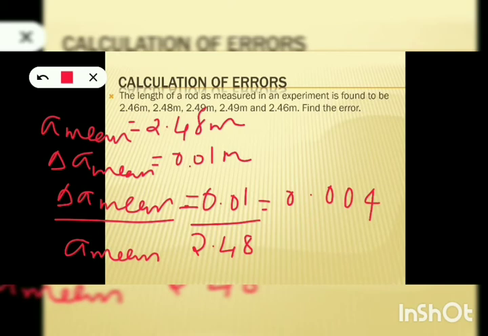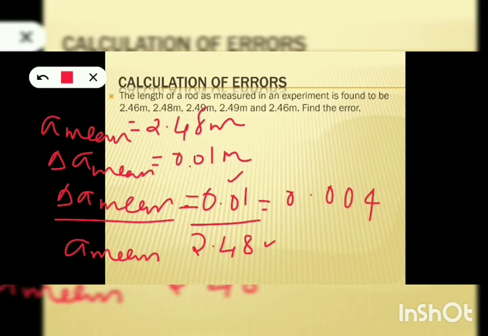When I take this ratio, I am trying to relate the error and the true value, right? 0.01 is the mean value of errors and 2.48 is the true value. So I am trying to relate the error with the true value.